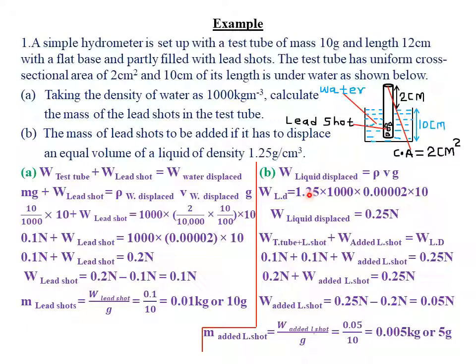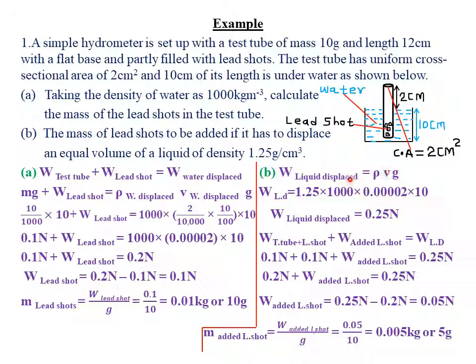But we know that 1,000 kilogram per cubic meter is equal to 1 gram per cubic centimeter. What about 1.25 gram per cubic centimeter? So that will be 1.25 over 1 gram per cubic centimeter multiplied by 1,000 kilogram per cubic meter. The multiplication by 1,000 is simply to convert the 1.25 gram per cubic centimeter into the SI unit of density, which is kilogram per cubic meter.